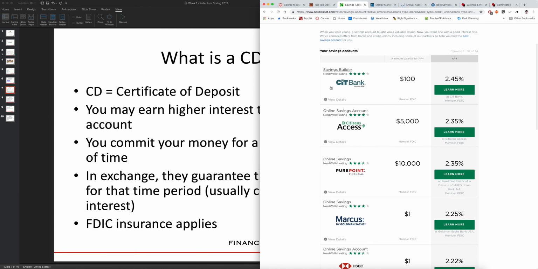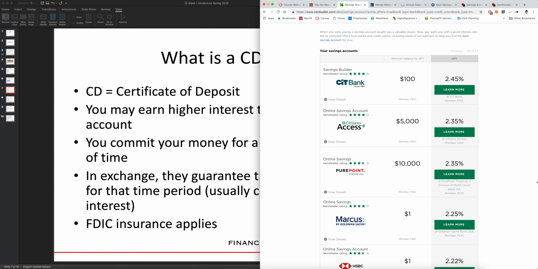This rate that CIT Bank is offering, and Citizens Access and Marcus and all these, if you read the fine print, it tells you that they can change that interest rate at any time. So if you are going to be using an internet bank and want to chase rate, you might be moving your money a lot.